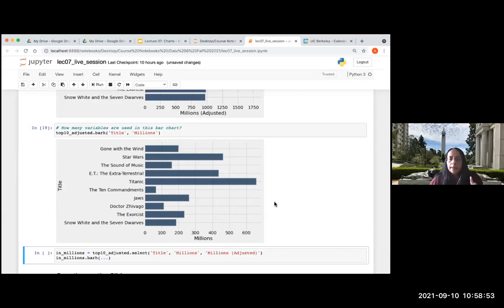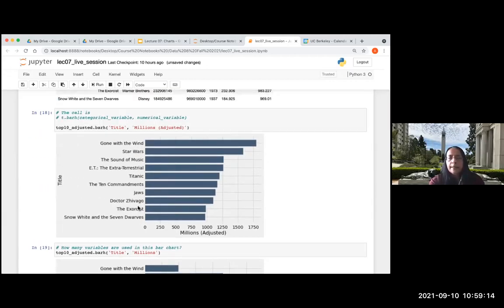But there is a hidden third variable because somebody made a choice for ordering these movies. And how was that choice made? No, we know how the choice was made. It's the same choice that was made here. How was the choice made?